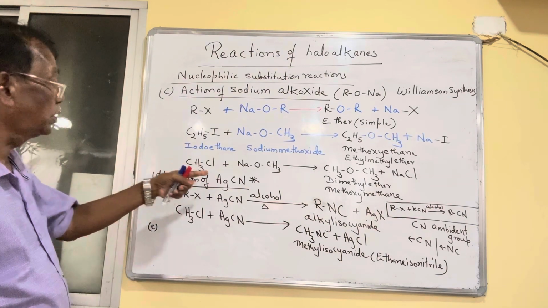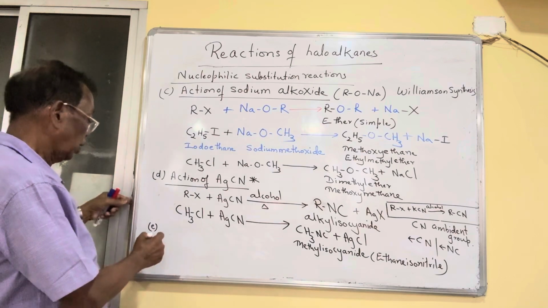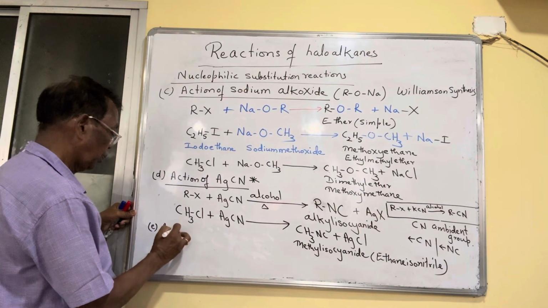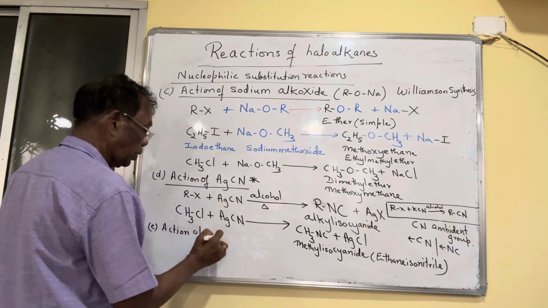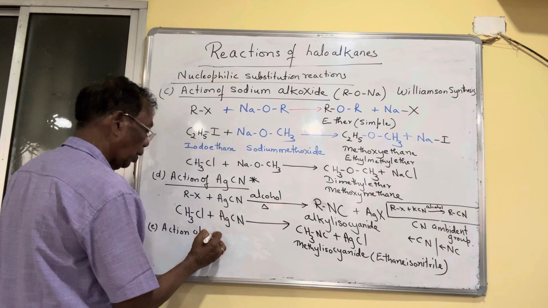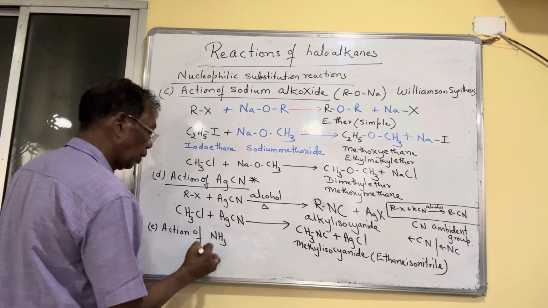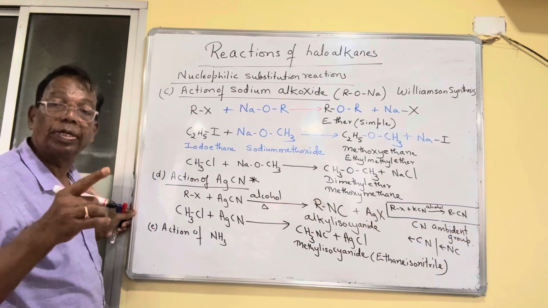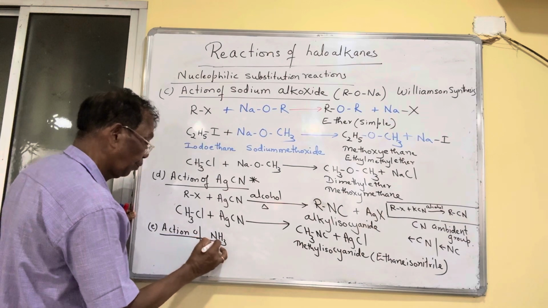So here remember very well silver cyanide. Suppose I have taken here the action of ammonia. Let us take ammonia. Remember I told you ammonia is what? Ammonia is a nucleophile. So action of ammonia.